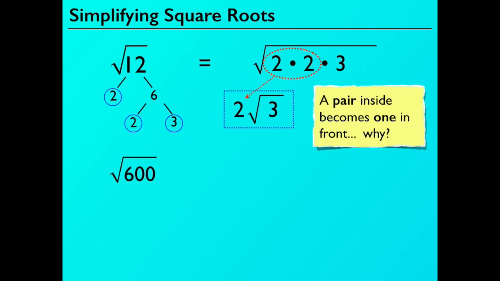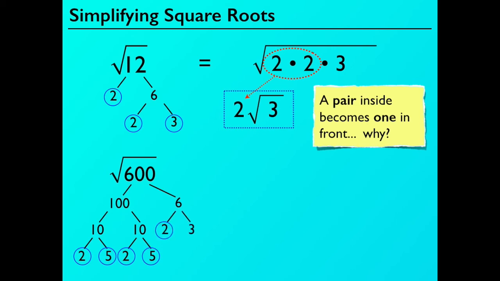Let's try the square root of 600. Factors of 600 are 10 and 60. Factors of 10 are 2 and 5, 60 is 10 and 6, 2 and 5, 2 and 3. So I can rewrite the square root of 600 as the square root of 2 times 2 times 2 times 3 times 5 times 5.